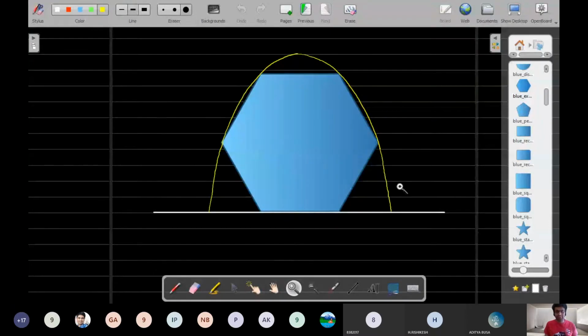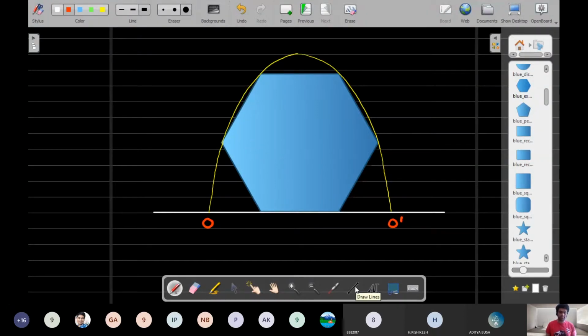So I tried pre-drawing the required curve here, so that we can visualize it better. Some of the important markings that I will do: I know that in the question some things are marked, so let me remark those things. I'll take the origin as the point of projection as usual. That is the recommended thing. I'll take the origin as, let's say, letter O, and the final position where it hits, let's call it O prime.